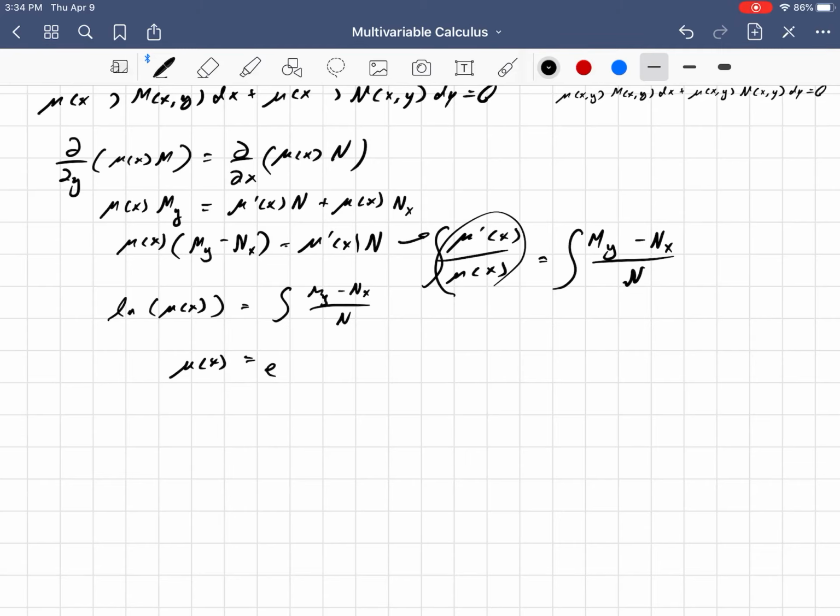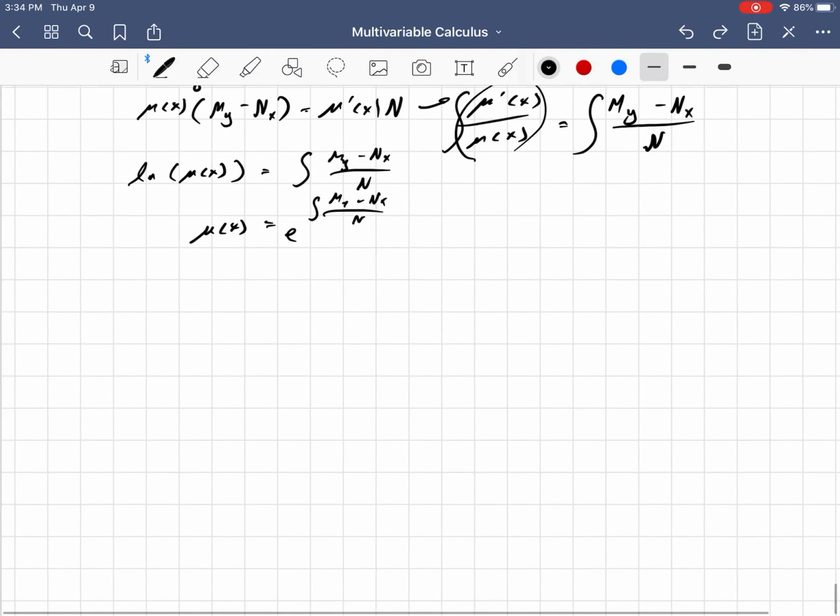And so the formula for the integrating factor is mu of x equals e to the integral of M sub y minus N sub x over N.